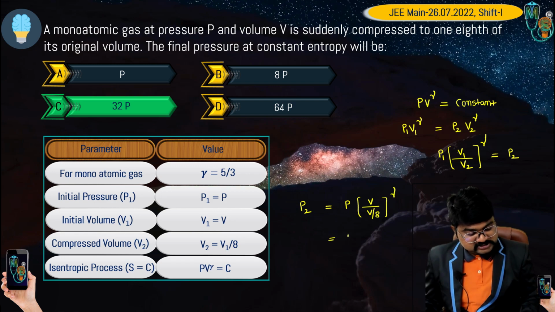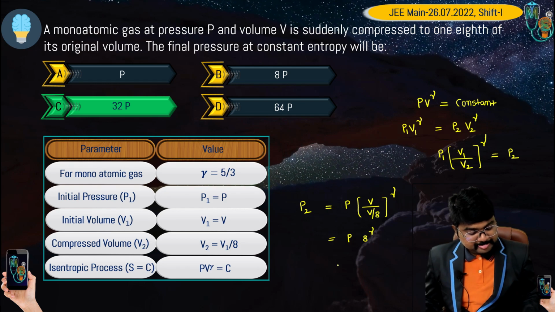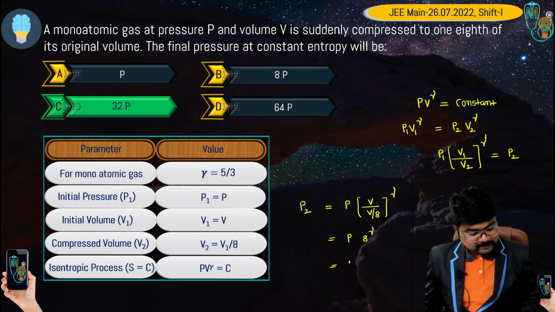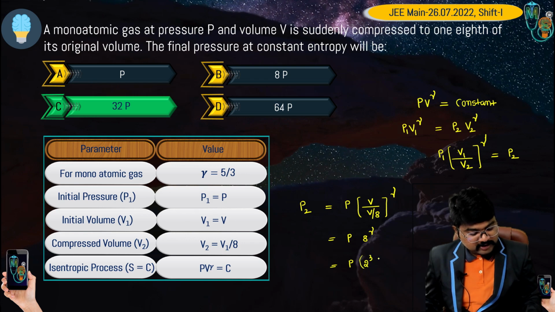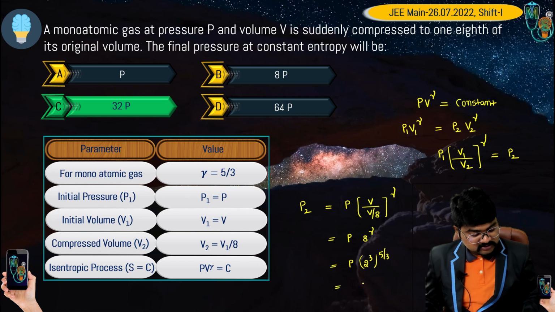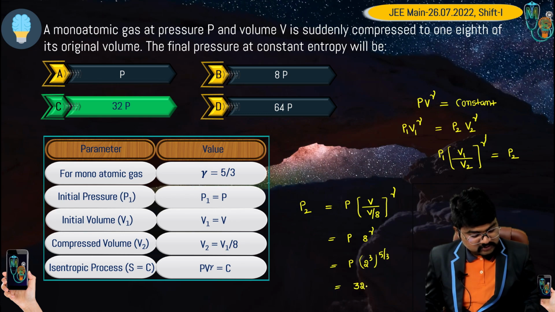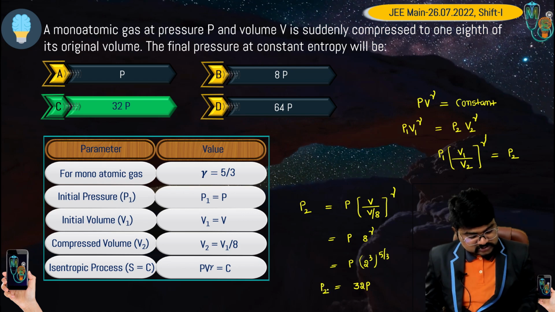Here it is how much? P 8 power gamma. Here it is how much? P 2 cube power 5 by 3. So here it is how much? 32P. This is also a way to solve this problem.